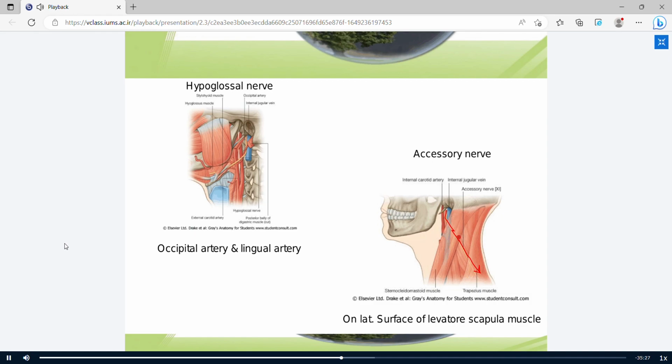This is the direction of the accessory nerve. In the posterior triangle, the accessory nerve passes the levator scapulae muscle. This is the levator scapulae muscle.